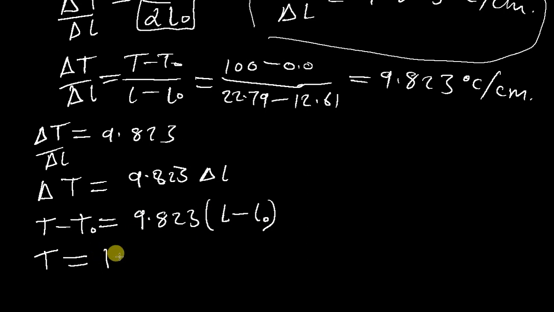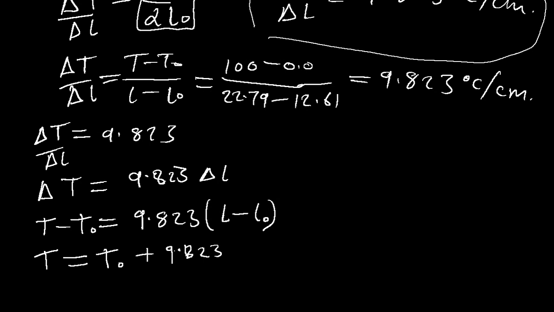So you're going to have T initial, and then plus 9.823, and then your L final is this one here, the one that you've been given in the question.